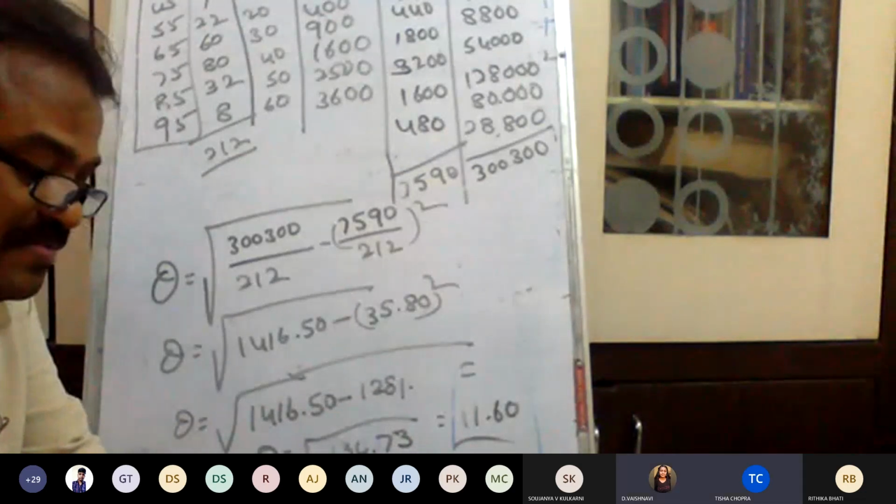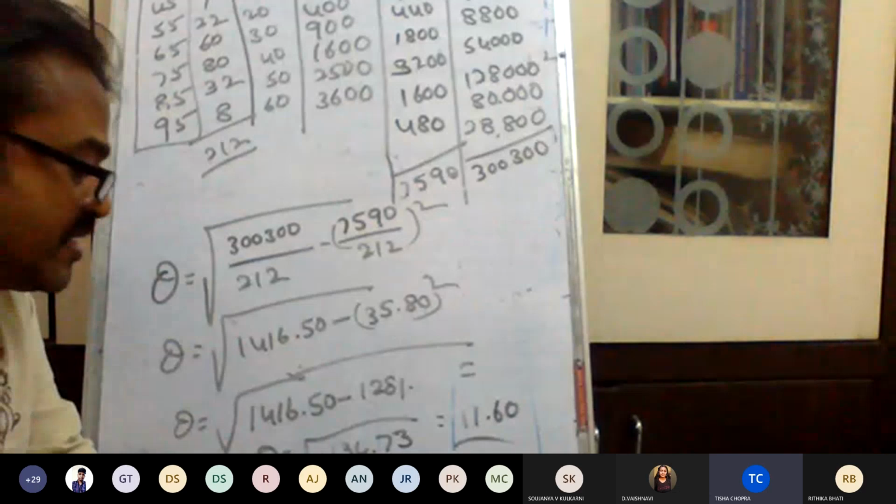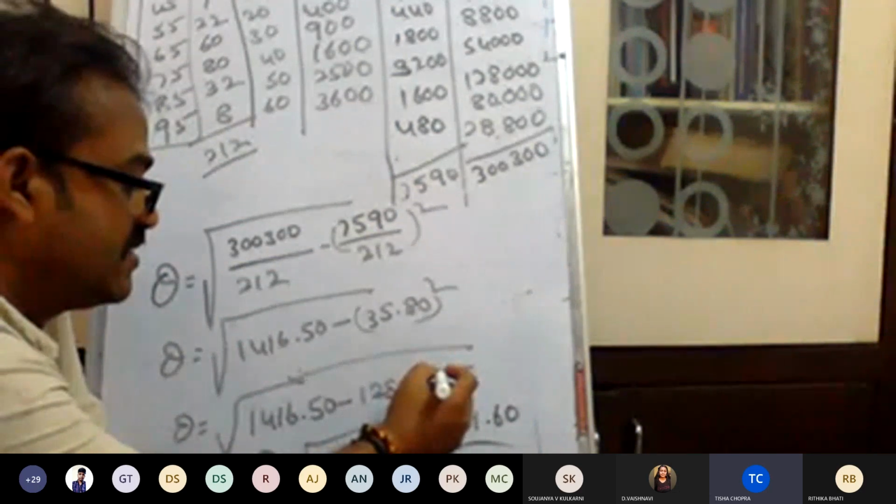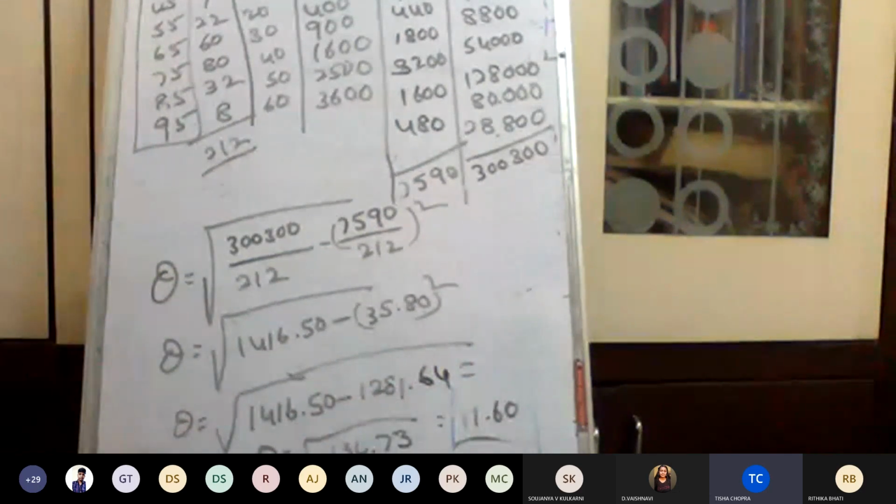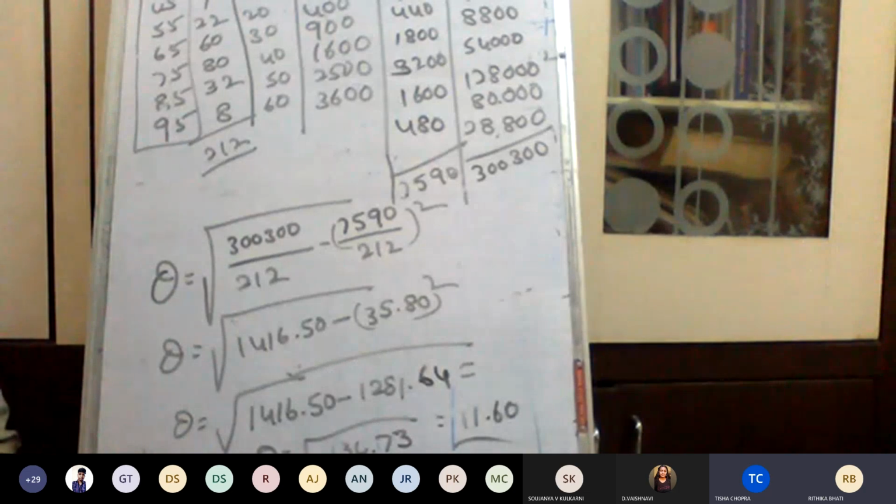Okay. But sir, we get 11.61 as the answer if we take 64. I got 11.60 correct answer. Sir, if we take further calculation, you subtract that.